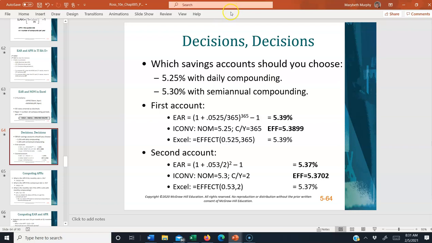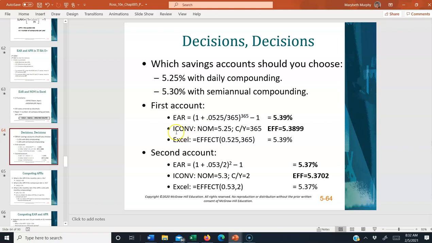The first one, the EAR, we can do with the formula: 1 plus the interest rate of 0.0525 divided by 365 days, because that's the daily compounding period, to the 365th power, minus 1 should give you 5.39. Okay, that's using the formula.